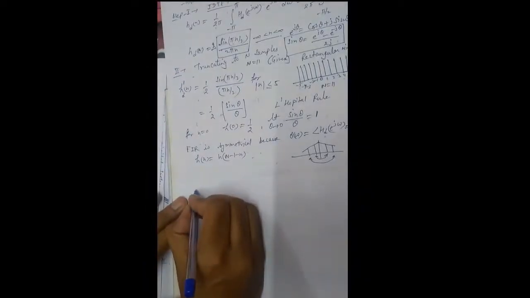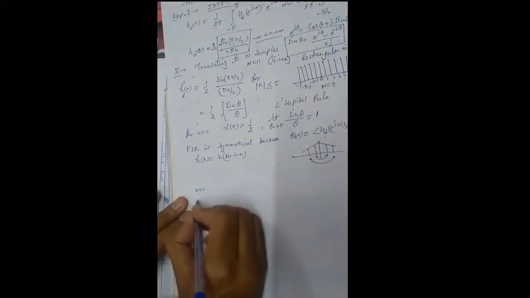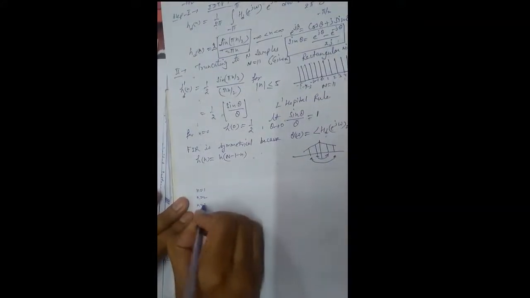So now we just have to find out the values for n equal to 1, for n equal to 2, for n equal to 3, for n equal to 4, for n equal to 5.